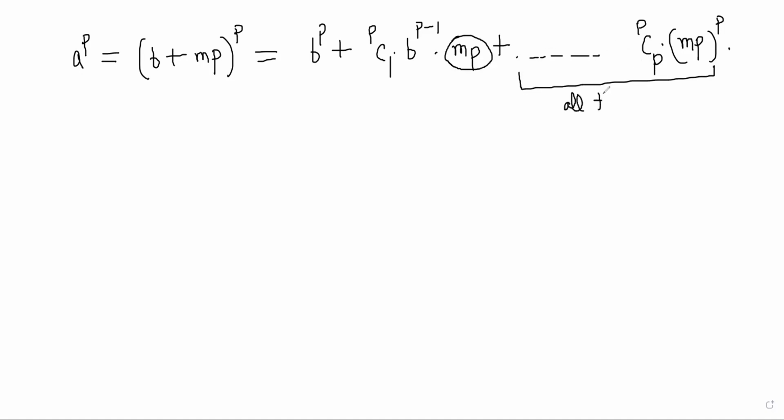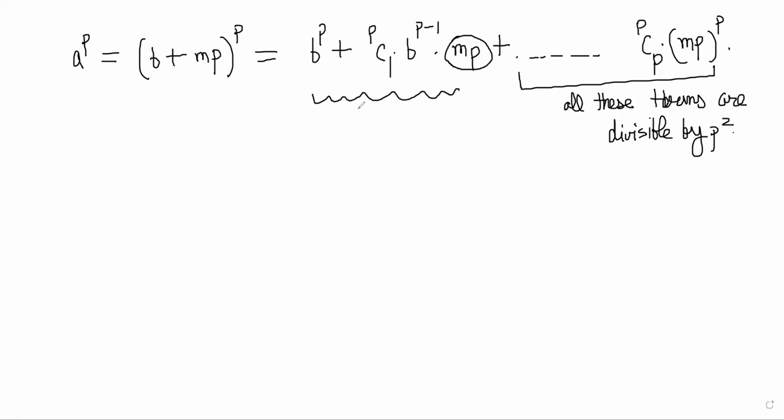So all these terms are divisible by p square. So therefore, what we need to figure out is this term. These are the two terms that we need to worry about. Now, since we already know that a power p is congruent to b power p mod p, we already know this.